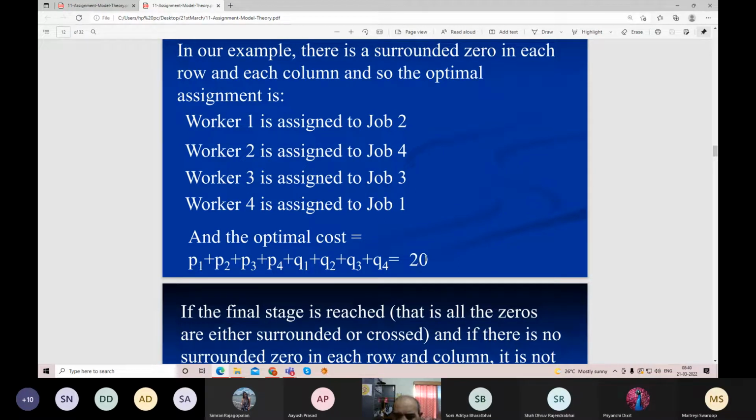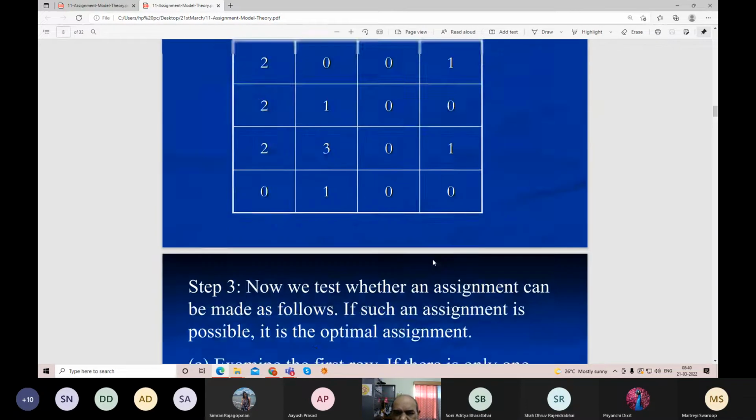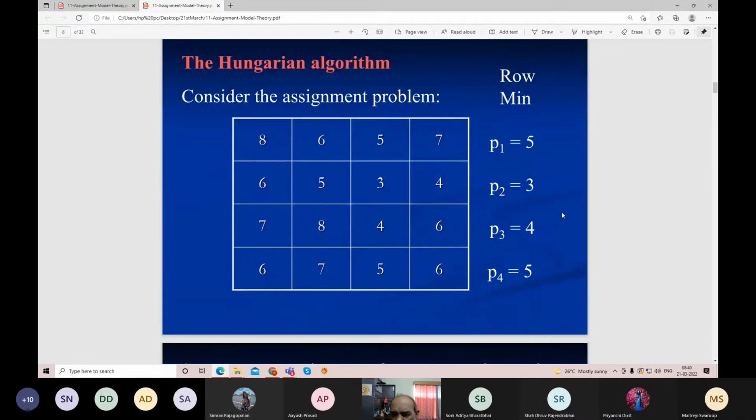So directly I'm seeing the matrix and there I'm adding, or you can add all these things, say P1, P2, P3, P4, Q1, Q2, Q3, Q4. So whatever you have subtracted, that is equal to 20. So you can see here how it is becoming 20. So we have subtracted 5, 3, 4, 5.